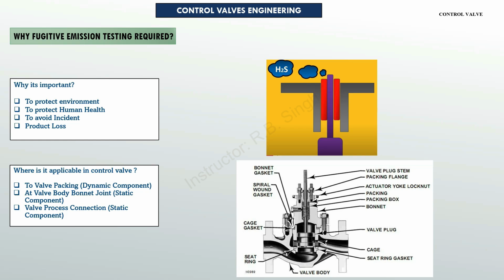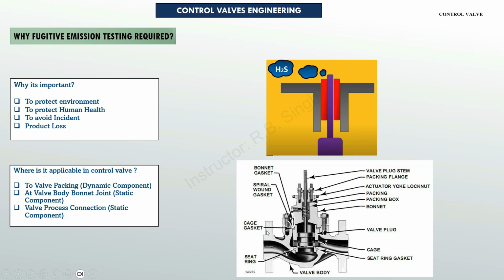So why is fugitive emission testing required? To protect the environment, to protect human health, and to prevent incidents and production loss. As I told you, packing is applicable in a control valve here, here and here, but the problem is mainly with this part.